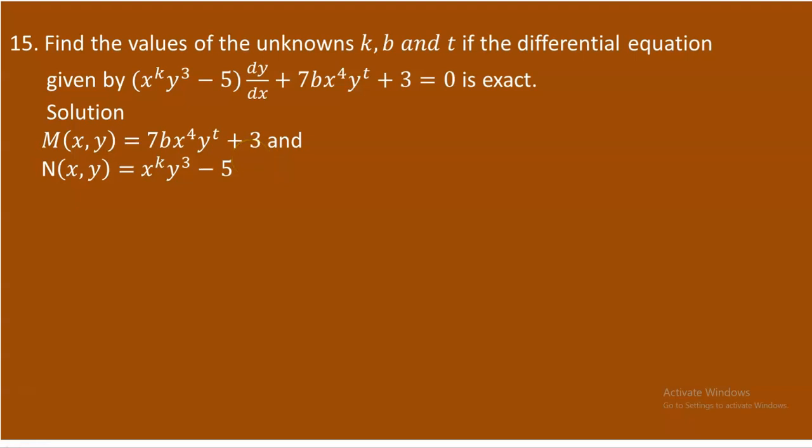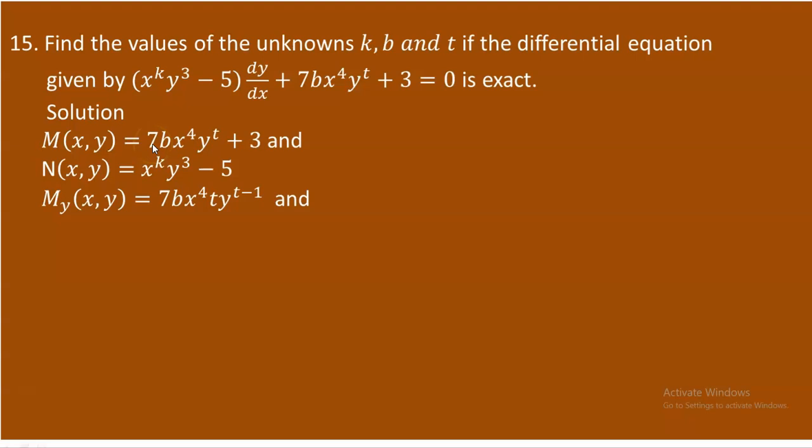Now you have been told that the given differential equation is exact. So if it is exact, according to what we stated before, the partial derivative of M with respect to y must agree with the partial derivative of N with respect to x. Hence, My must agree with Nx. The partial derivative of M with respect to y is obtained as follows.